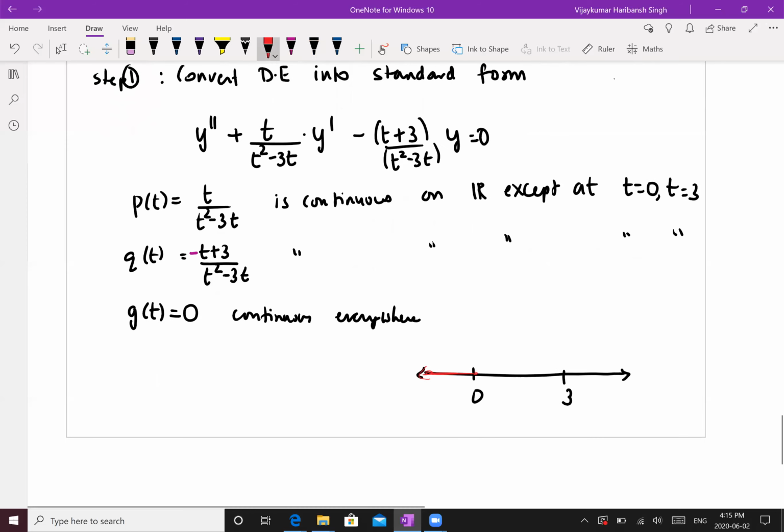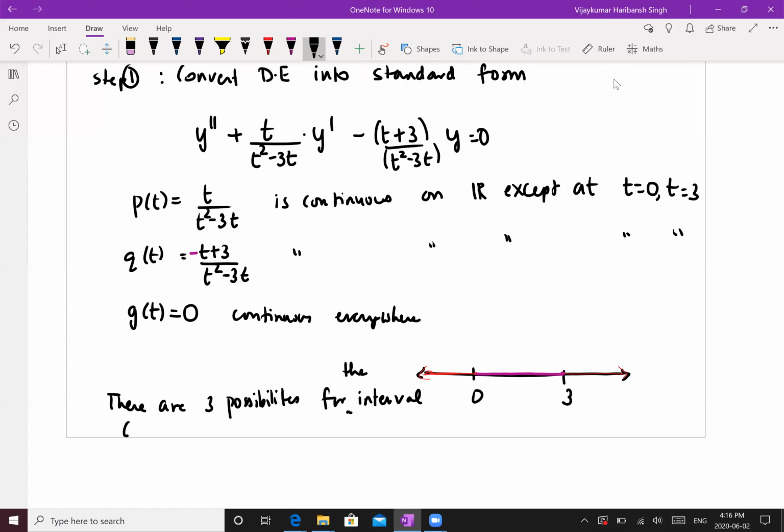So there are three possibilities for the interval: minus infinity to 0, 0 to 3, and 3 to infinity.